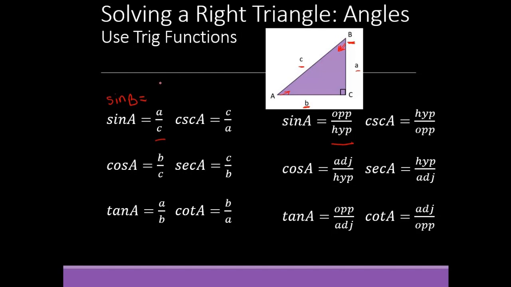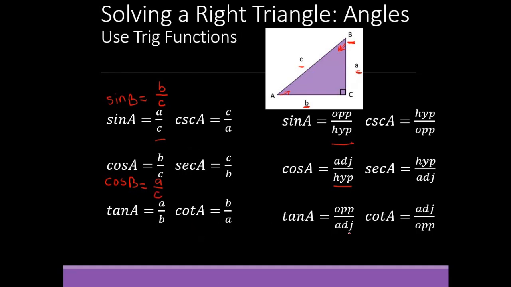Opposite is B, hypotenuse is still C, and then if we do cosine of B, it's going to be adjacent over hypotenuse still, but adjacent is now A, and then C. See how that works?